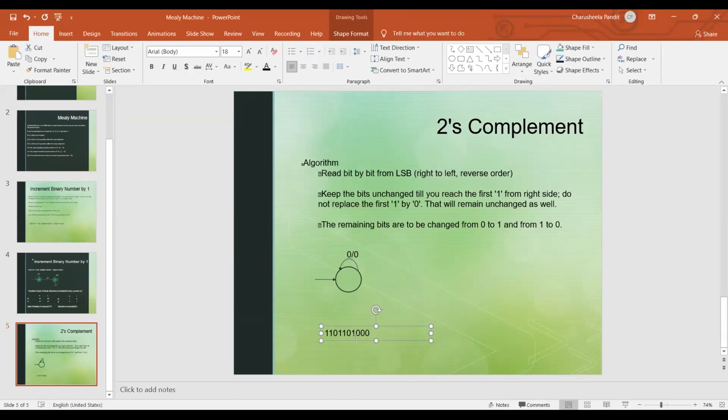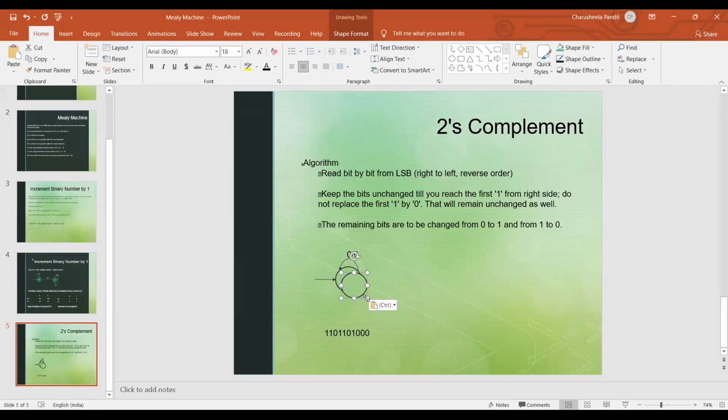Now when it comes across the fourth digit, which is 1, they are saying do not replace the first one by 0. So we have to keep it intact. And then for the remaining bits, we have another action to do. To perform that action, we will need to move to another state.